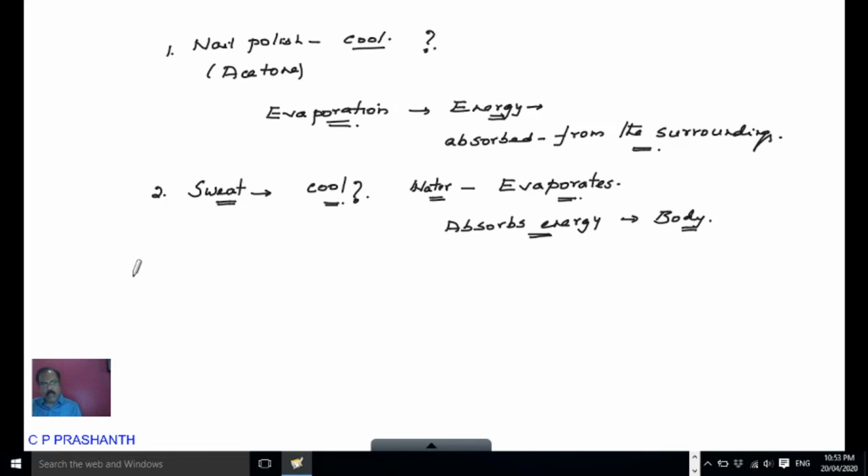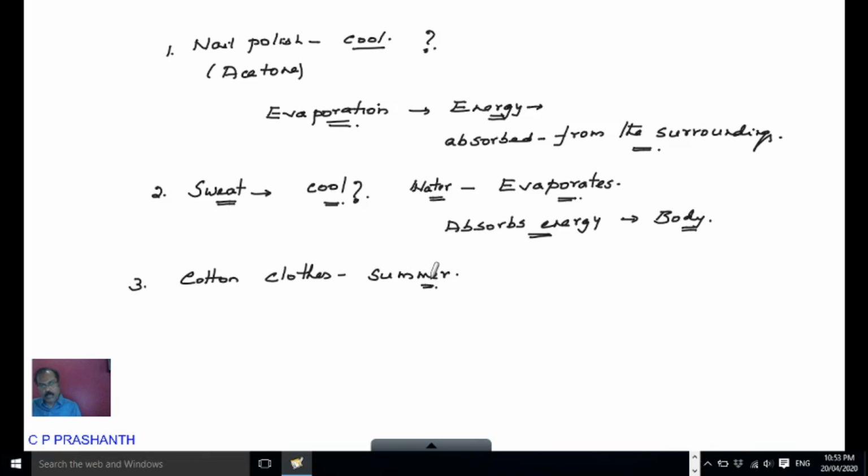The next question we explain is, we are supposed to wear cotton clothes during summer, or on wearing cotton clothes during summer we feel more comfortable. And how do you explain this?